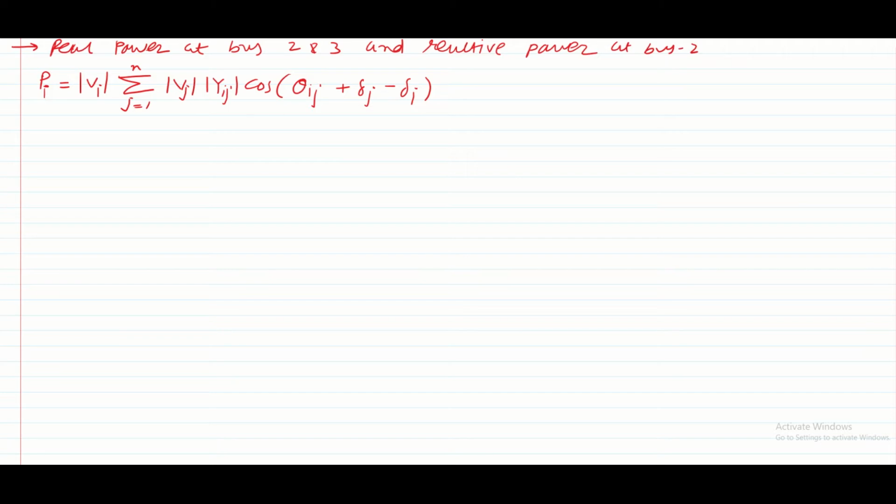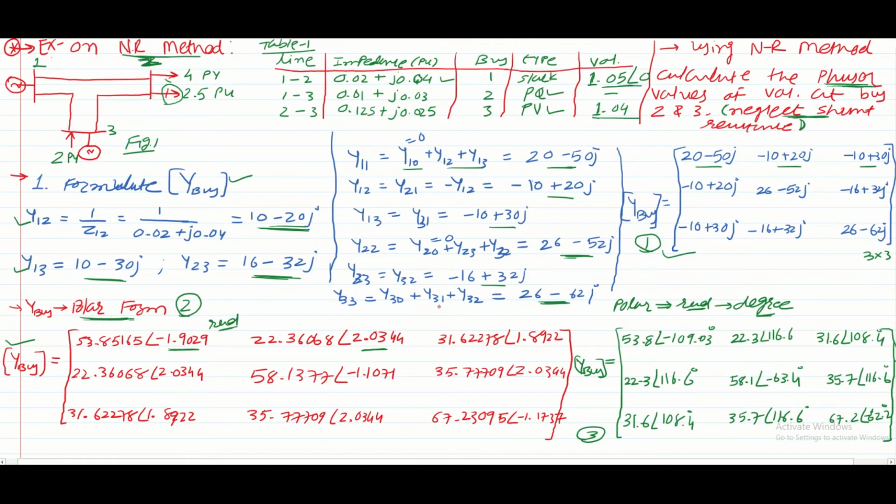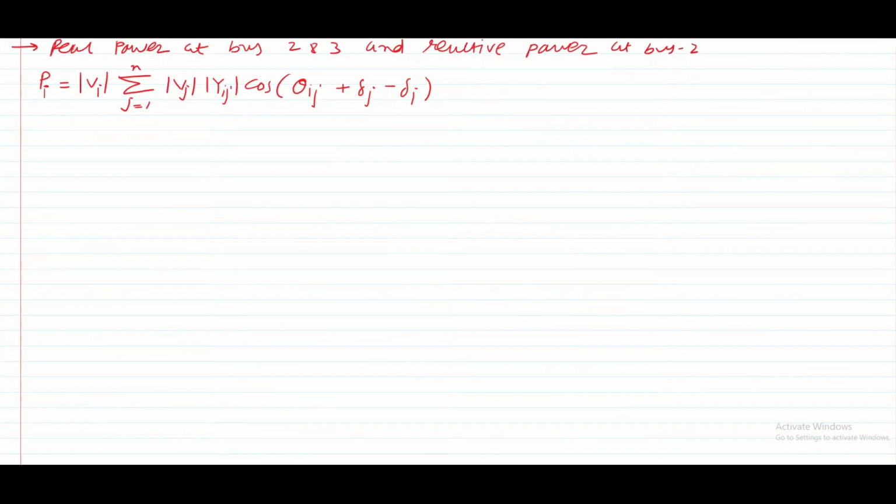Now you may have one question: why do we need to convert our admittance matrix from rectangular form to polar form? Because in the equation of static load flow we need the values in magnitude and angle form.